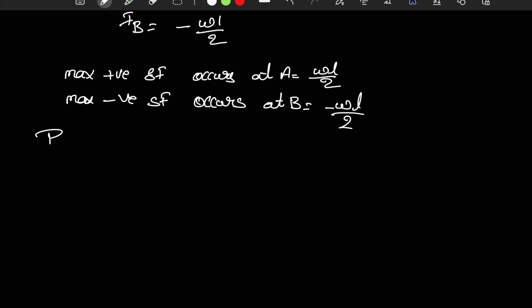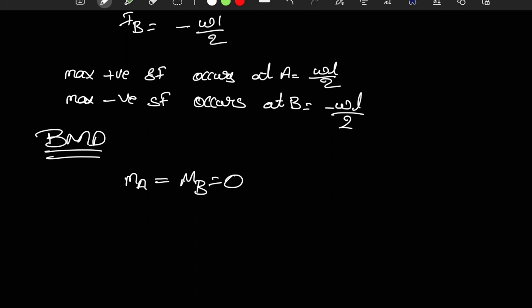In the BMD, bending moment diagram, the bending moments at both supports are 0.